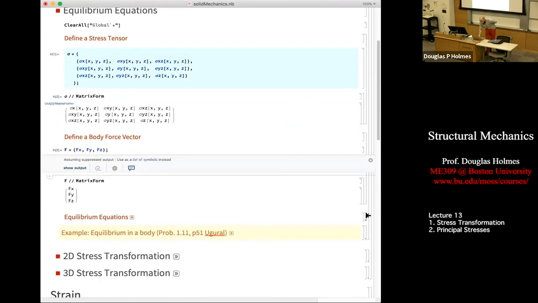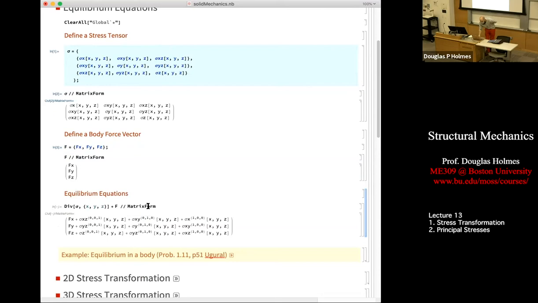Inputting our equilibrium equations is pretty straightforward. Here it is. The thing I highlighted is the math that we wrote down in our notebook. It says the divergence of sigma with respect to x, y, and z. Mathematica will assume we're in Cartesian coordinates unless you tell it otherwise.